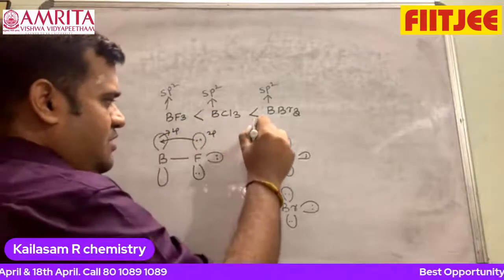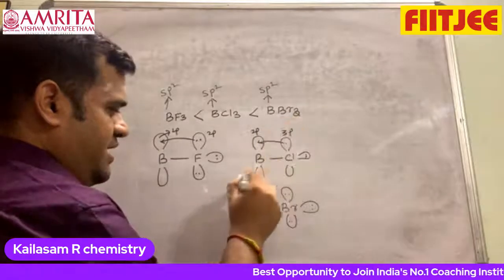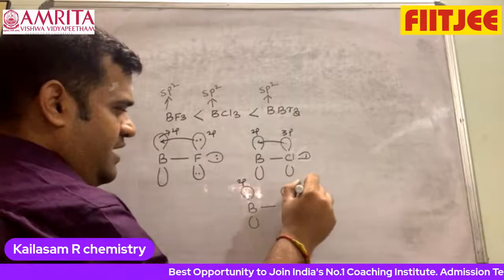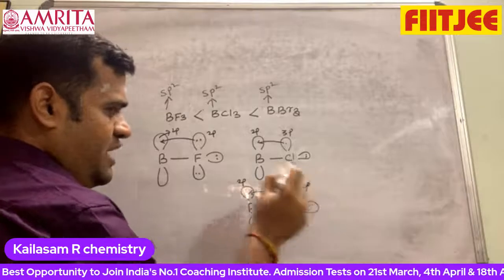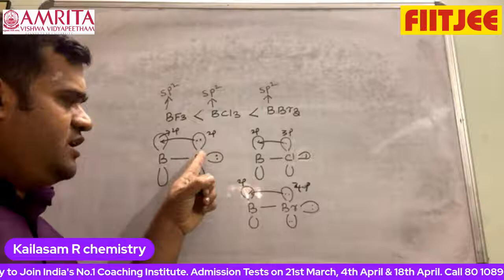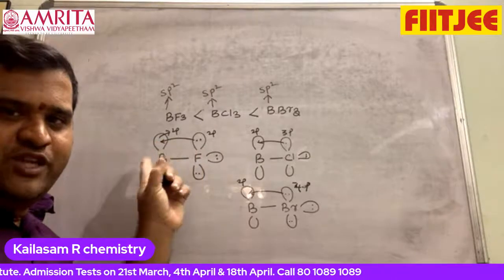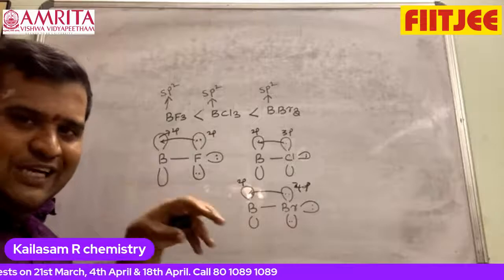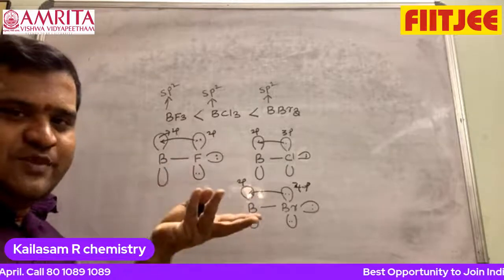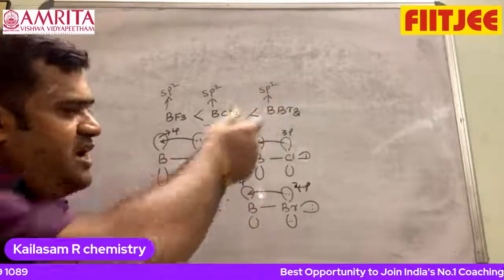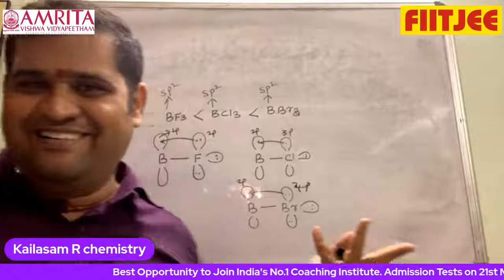Here this is 3p, and here 2p, and here 4p. Now which overlap is most effective? 2p-2p. Fluorine's non-bonding electrons can form a 2p-2p pi bond, which is more effective. Therefore this boron becomes somewhat less electron deficient, and this boron becomes more electron deficient. Electron deficient species are called Lewis acids. Therefore BBr3 is the strongest Lewis acid among these three. That's all. That's logical.